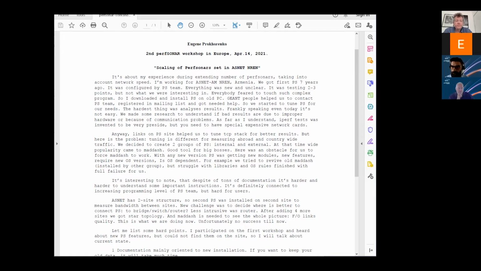It's interesting to know that despite a ton of documentation of perfSONAR, every year it's harder and harder to understand some important instructions.